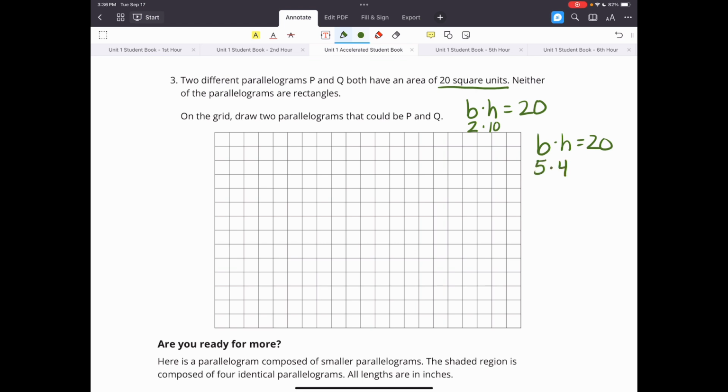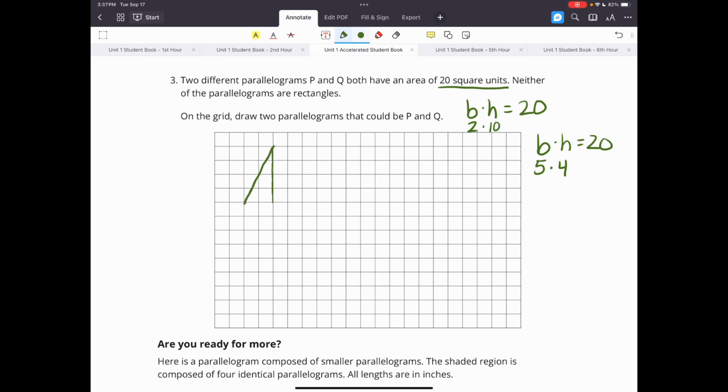In order to do that, I'm going to start by drawing my triangle. 1, 2, 3, 4. I don't want to do 4, I need more space. So 1, 2, 3, 4. And that has to be my height. Then I'm going to come down at an angle.